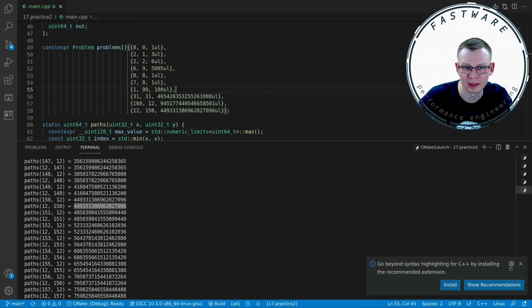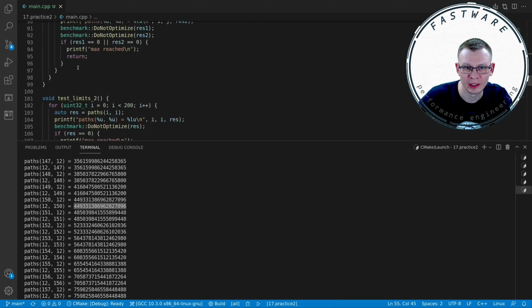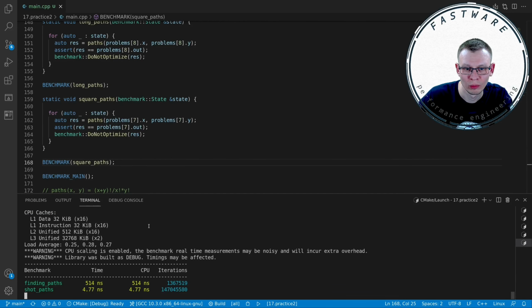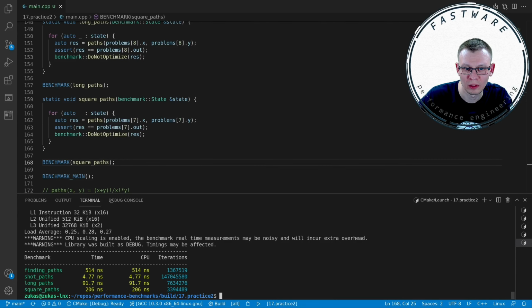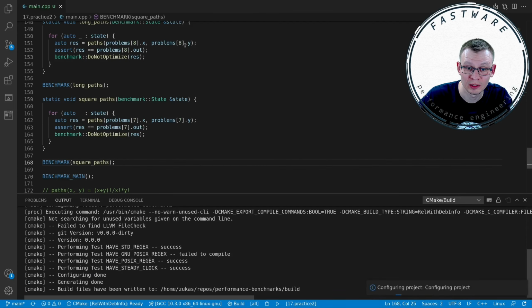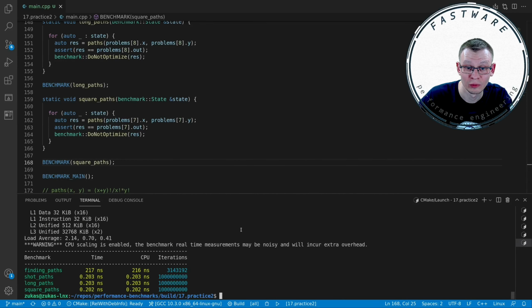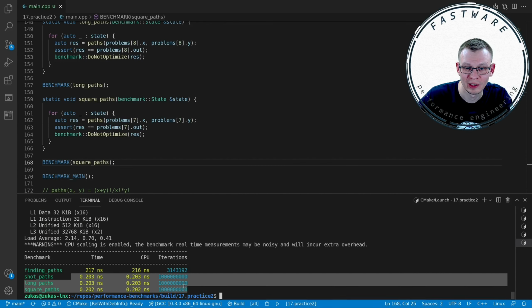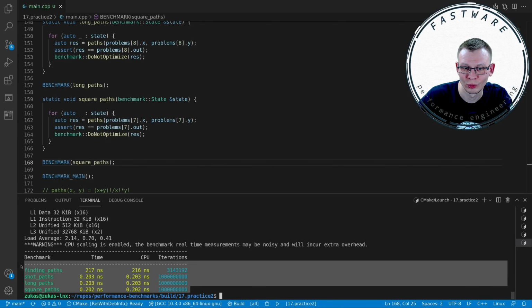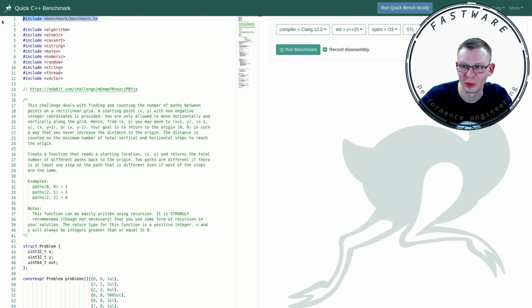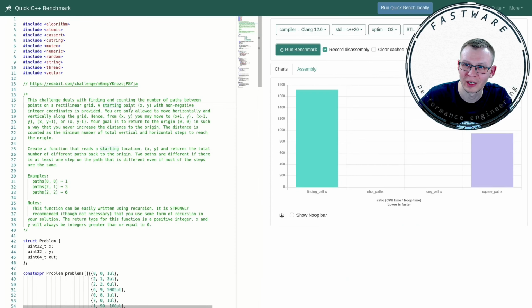So what I do is just expand my test cases and add a bit more tests for finding short paths, long paths, square paths. And I see how individual cases scale. But in release mode, compilers became so good at hoisting invariant reads and writes that they basically optimize that code away. So I use quick bench.